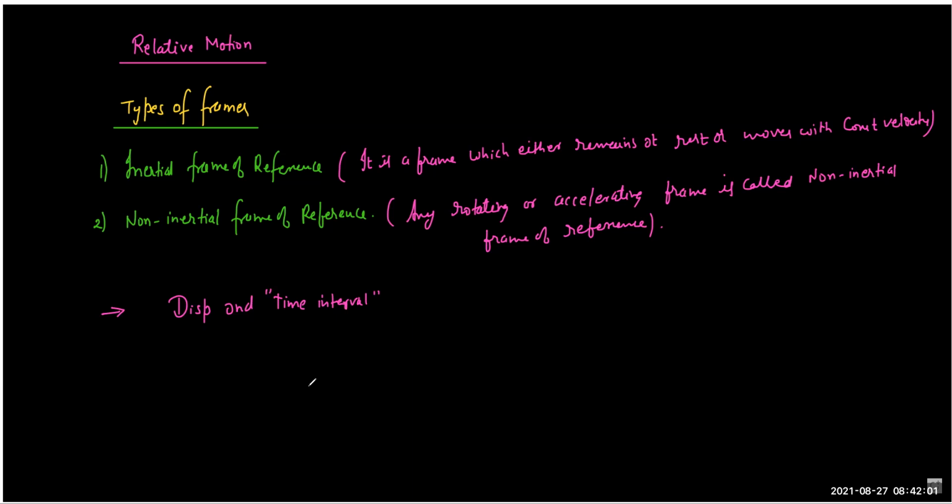So now displacement and time interval are the only measurable quantities. And now I am particularly interested in the second term.